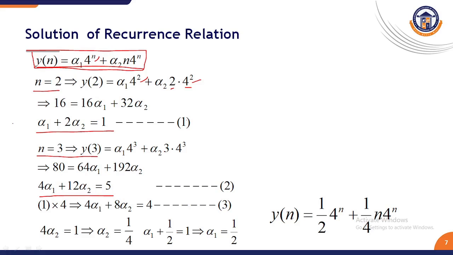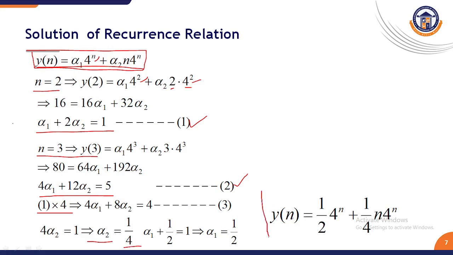Now solve equations 1 and 2 to get the values for the constants alpha 1 and alpha 2. For that, multiply the first equation by 4 and then subtract 2 and 3. Then the answer is alpha 1 equal to 1 by 2 and alpha 2 equal to 1 by 4.